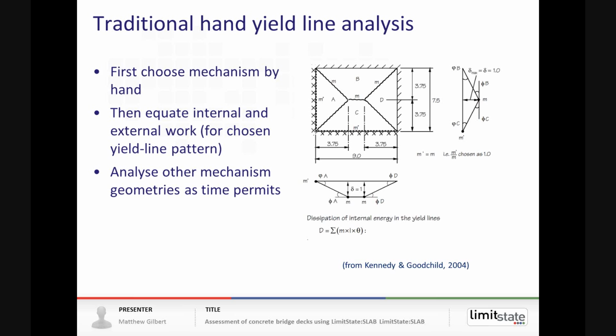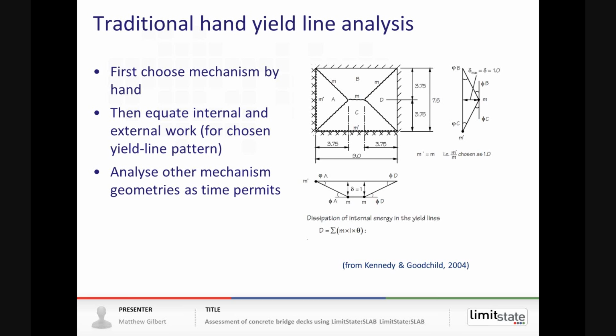You then equate the internal and external work for your chosen Yieldline pattern. And if you're doing an assessment, you would try to find the multiplier on a specified pressure load or point load, whatever the external applied loading was, at collapse.